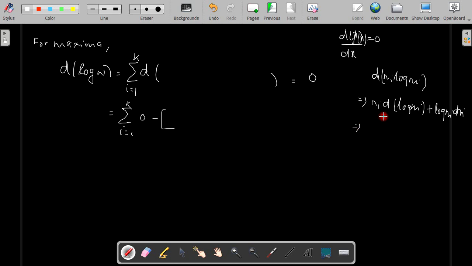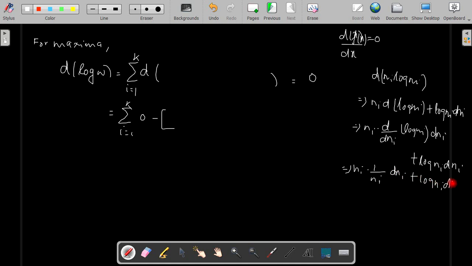So here, I have to take n_i, then d/dn_i of log n_i, and I multiply it with dn_i, plus log n_i dn_i. d/dn of log n is 1 by n, so I take n_i into 1 by n_i into dn_i plus log n_i dn_i.